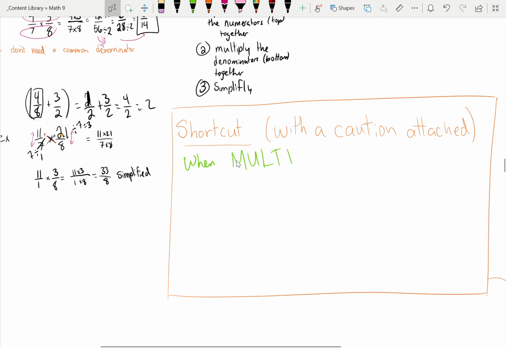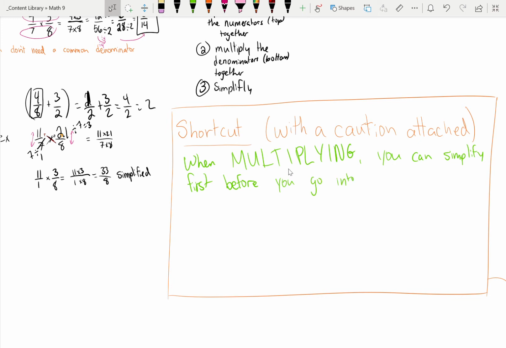So when multiplying, you can simplify first before going into your steps.